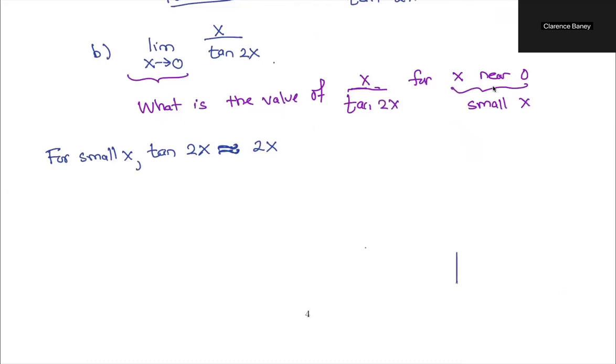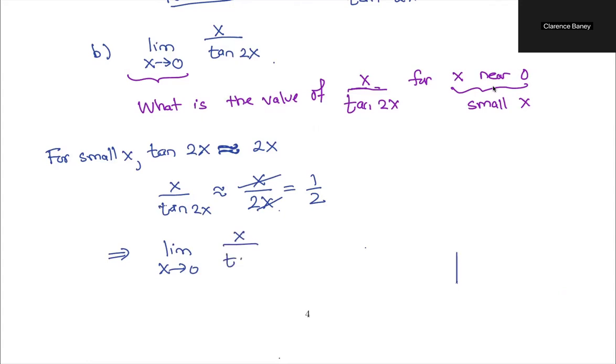And so that means x divided by the tangent of 2x is approximately x all over 2x, or 1/2, because the x's can cancel out. And so for values of x in a neighborhood of 0, x divided by the tangent of 2x is equal to 1/2.